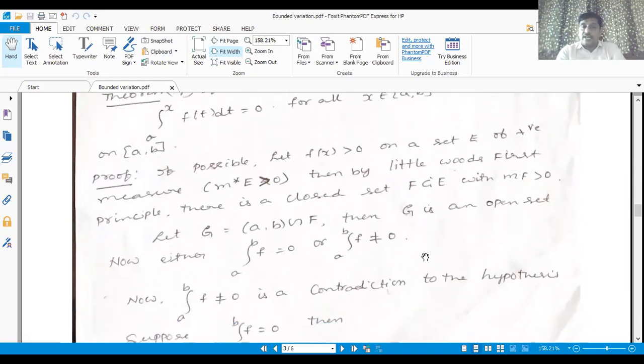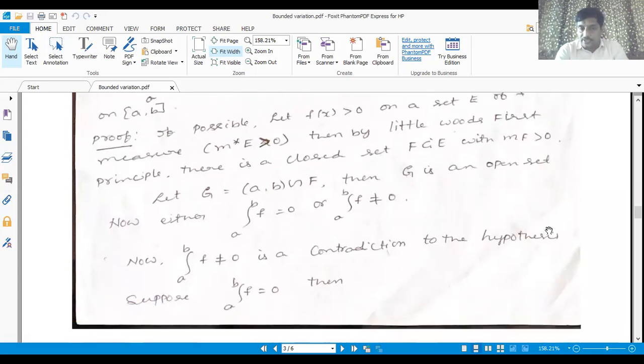Then G is an open set. Now either the integral over a to b of f is equal to 0 or it is not, and any one of the conditions may hold. Suppose the integral over a to b of f is not equal to 0; that is a contradiction to the hypothesis.